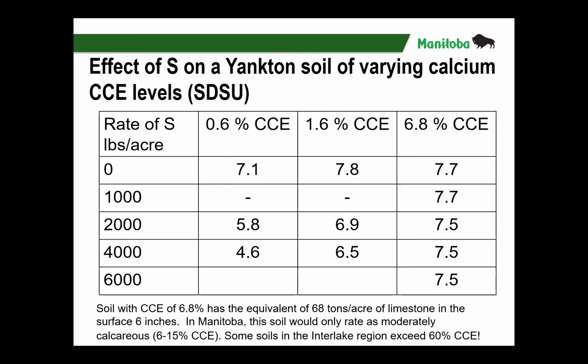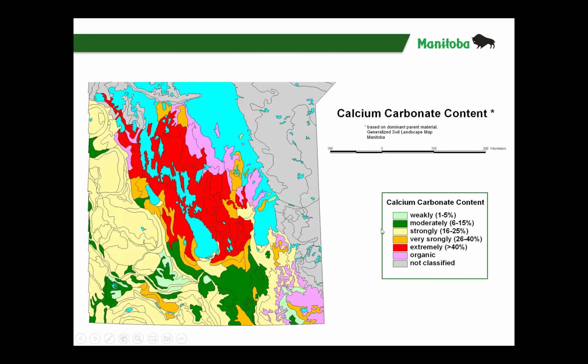That's kind of what that means. In Manitoba, this is only a moderately calcareous soil. Some soils in the Interlake can exceed 60% CCE, not just 6.8. And this is looking at soils that are based on limestone in our Manitoba parent material that our soils are created on.